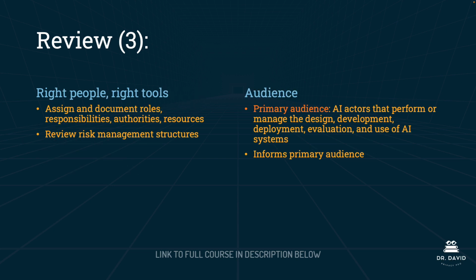Remember the phrase, right people, right tools. This refers to the importance of assigning and documenting roles, responsibilities, authorities, and resources. Finally, remember that the primary audience for the NIST AI RMF include AI actors that perform or manage the design, development, deployment, evaluation, and use of AI systems, as well as groups that inform the primary audience.